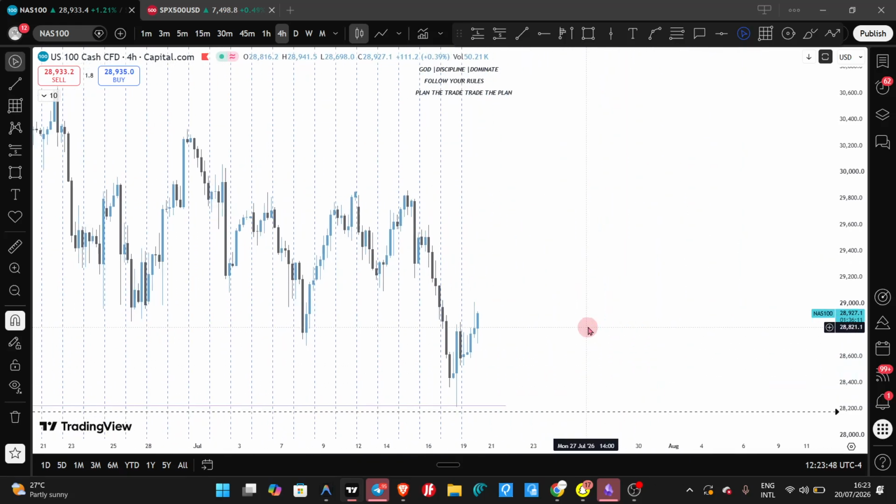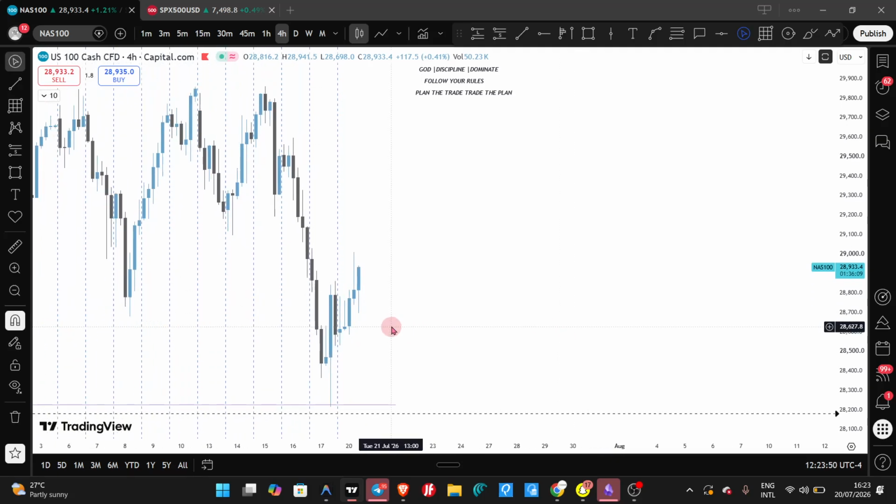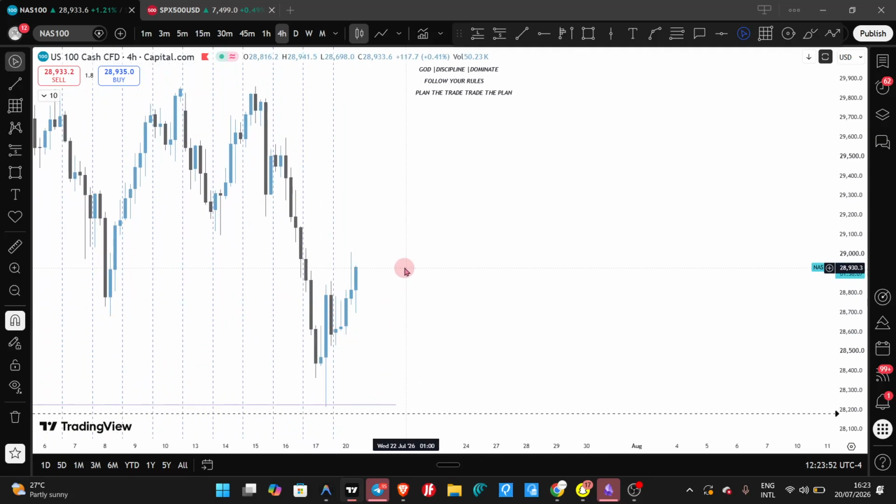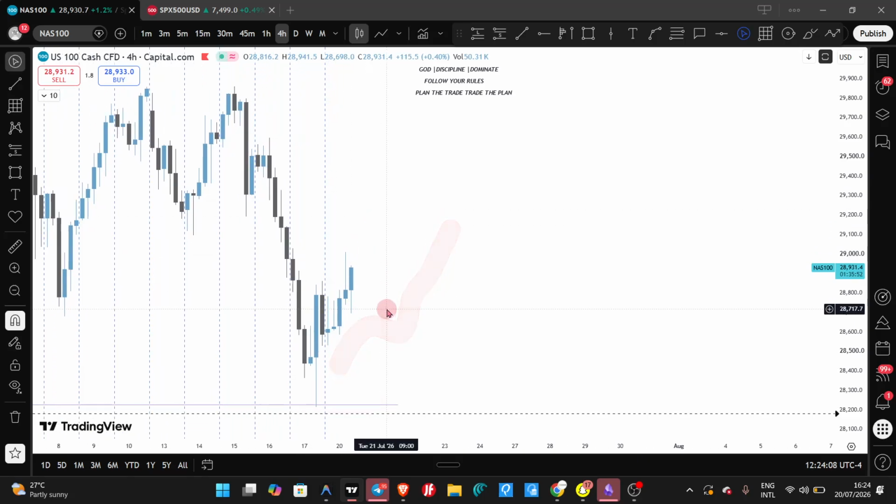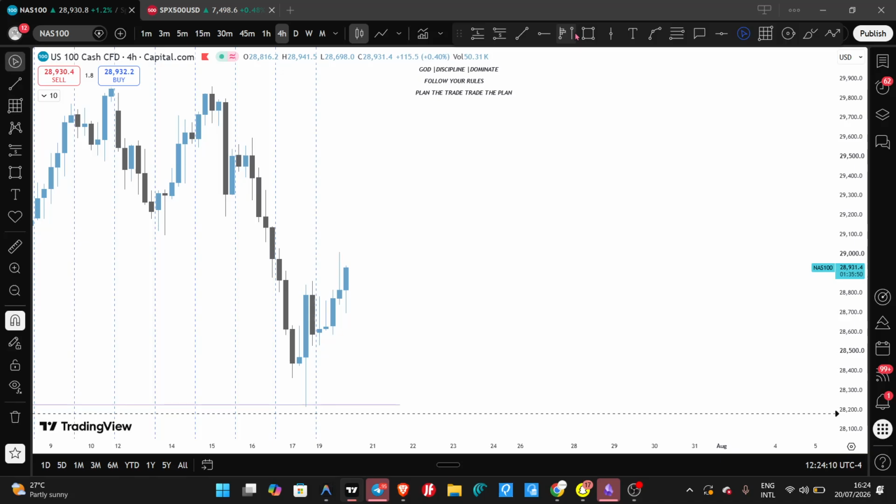Once major liquidity has been swept on one side, the market tends to reverse and then target the other side. In this scenario, we took sell side, which is a low, and now we are reversing going upward, and our target is buy side liquidity, right? Key important levels for our trading bias are the previous day's high and the previous day's low.